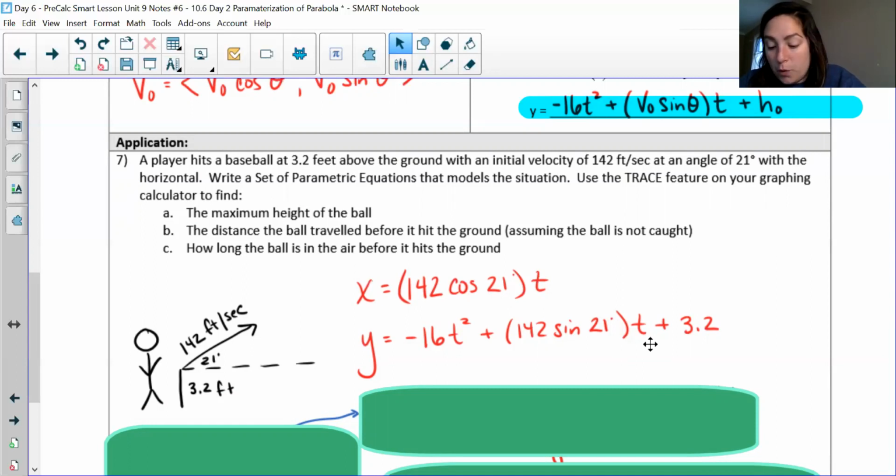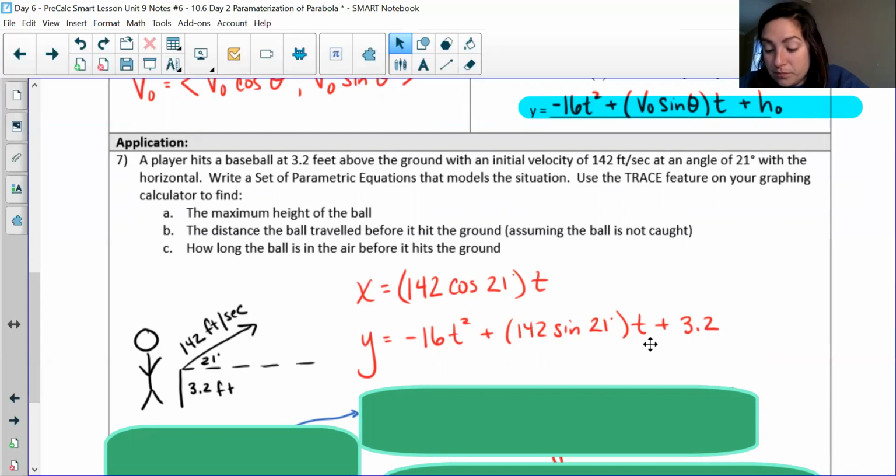All right, I'm going to graph this, but I'm going to change my window quite a bit. I just had a zoom standard, so it was negative 10 to 10. We're going to assume that this ball is going to go higher than 10 feet and farther than 10 feet.